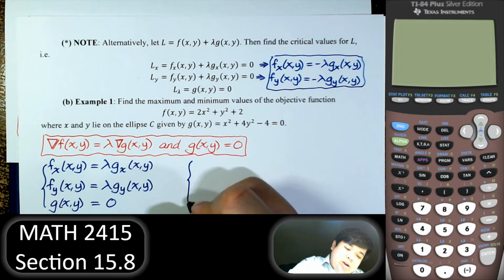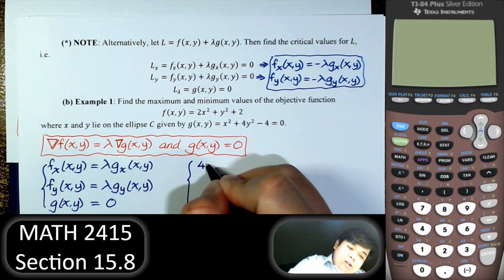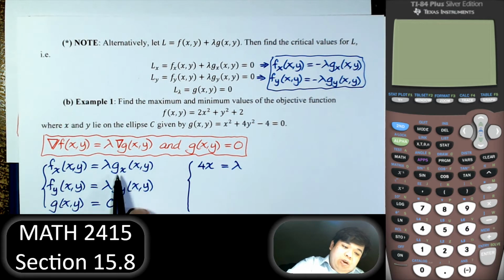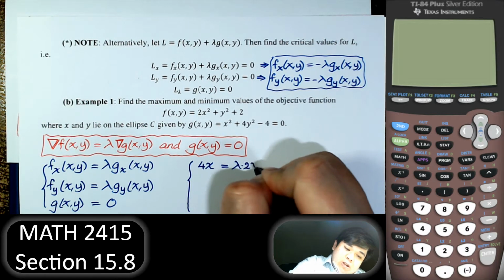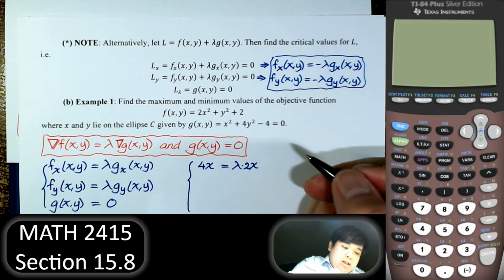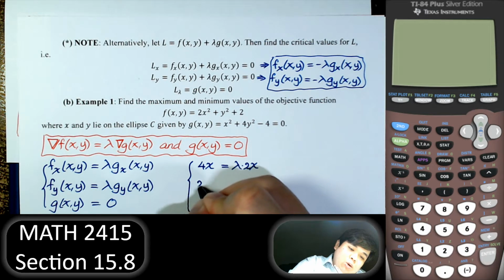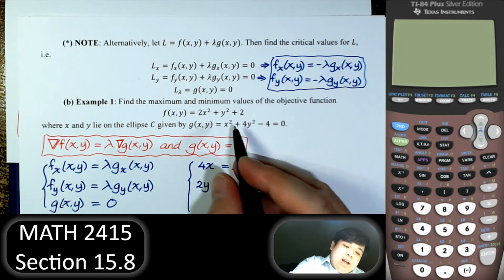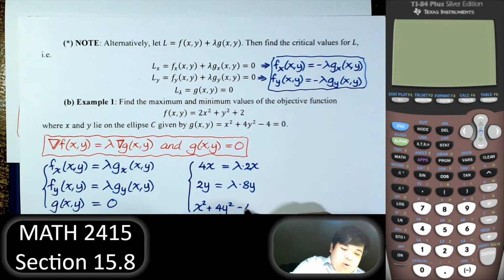Let's write it out. Derivative of f with respect to x is 4x equal to lambda times the derivative of g with respect to x, which is 2x. Next, derivative of f with respect to y, 2y, equal to lambda times the derivative of g with respect to y, 8y. And finally the constraint itself, x squared plus 4y squared minus 4 equal to 0.